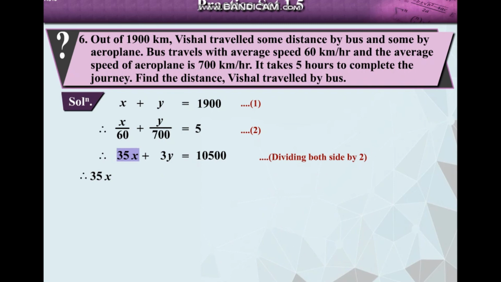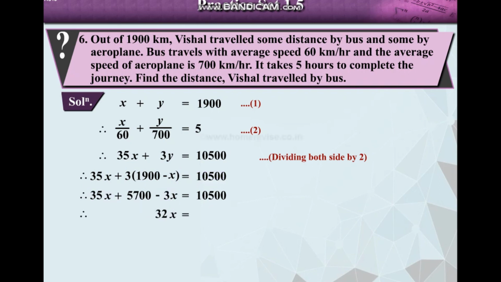Therefore, 35x + 3 multiplied by (1,900 - x) = 10,500. Therefore, 35x + 5,700 - 3x = 10,500. Therefore, 32x = 10,500 - 5,700. 32x = 4,800.